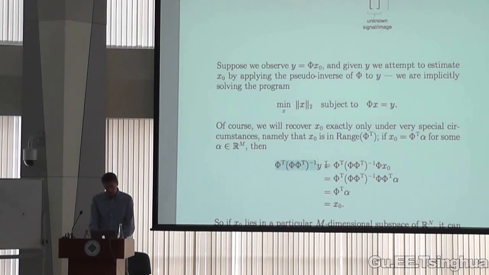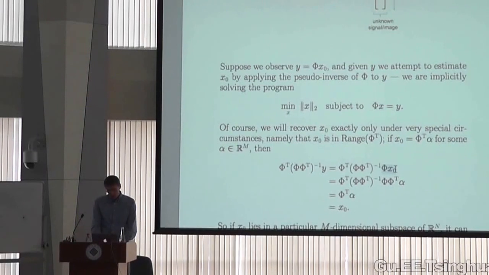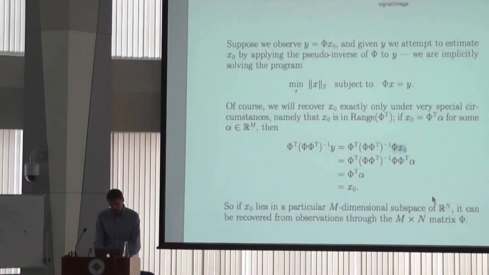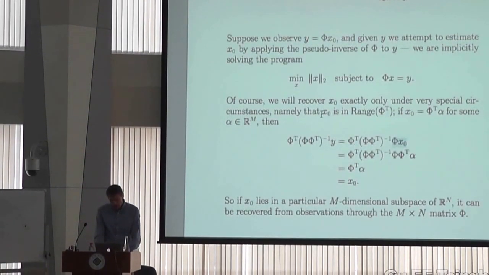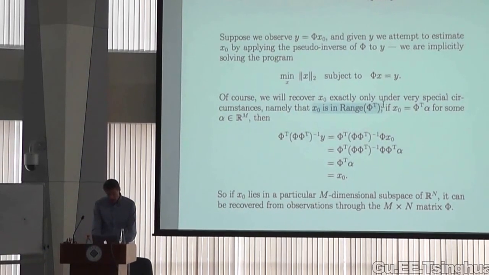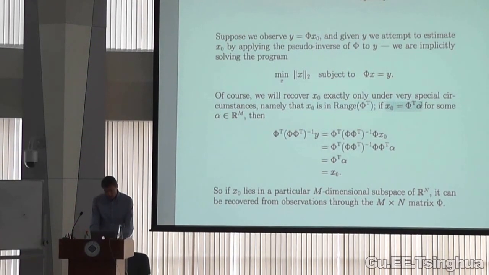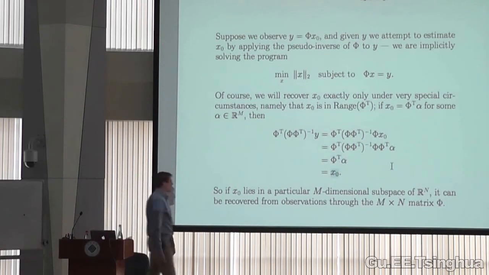And if y is phi times x naught, I just replace y with phi x naught. If my assumption is that x naught is in the range of phi transpose, so x naught is phi transpose alpha for some alpha, I can just replace x naught with phi transpose alpha. And then I have this times this, which is the identity, which just gives me phi transpose alpha, which just gives me x naught. So it's kind of easy.